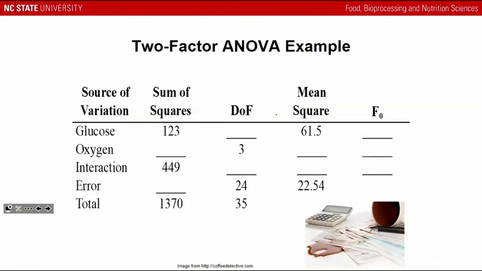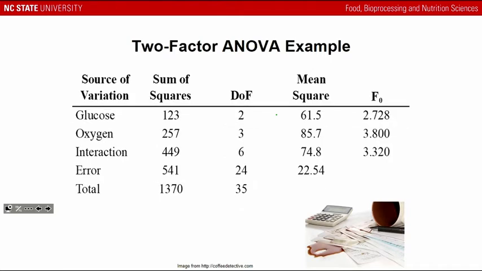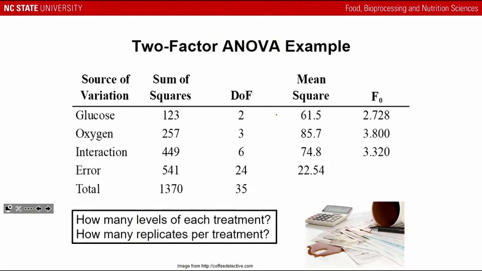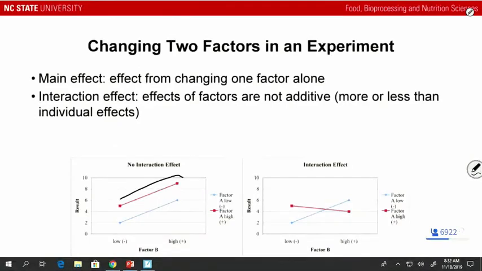And we're going to look up these test statistics and see which one's significant. So you could have a situation where there is a significant difference within glucose in this example, and there might not be one within oxygen, and who knows, we'll see if there's an interaction effect. Just pretend that one of these lines is not there.